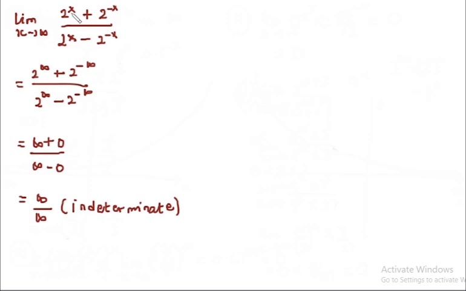So to do that, I'll try factorization. I'm factorizing 2 to the power of x for the numerator and 2 to the power of x for the denominator, so that I can rewrite my limit as the limit as x approaches infinity of 2 to the power of x, open bracket, factorizing 2 to the power of x from 2 to the power of x is 1.